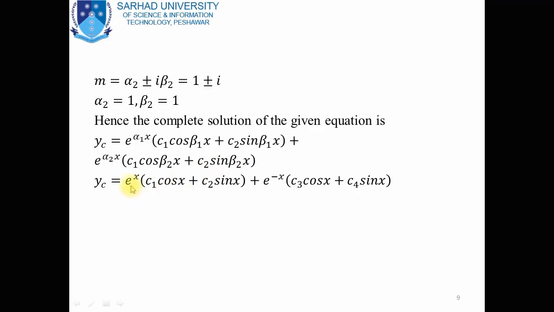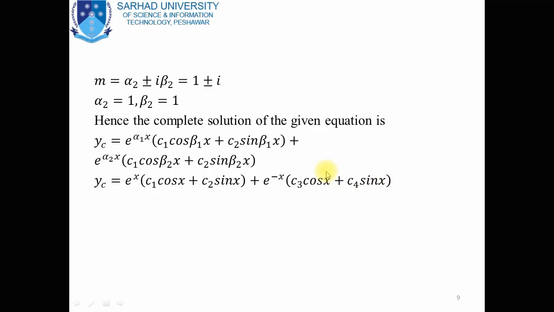So the yc solution: e power, the alpha value is 1. So the complementary solution for this differential equation is equal to e power 1x into c1 cos, beta value is 1, x plus c2 sin beta x, beta value here in this equation is 1, plus e power alpha, the alpha value is minus 1, c3 cos beta value is 1, plus c4 sin beta x, beta value is 1.